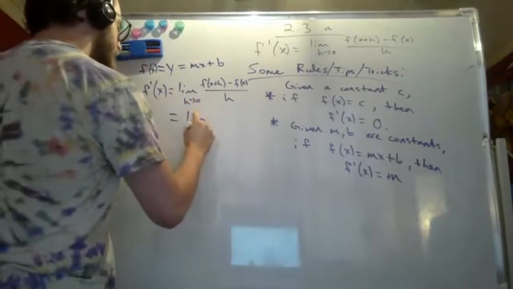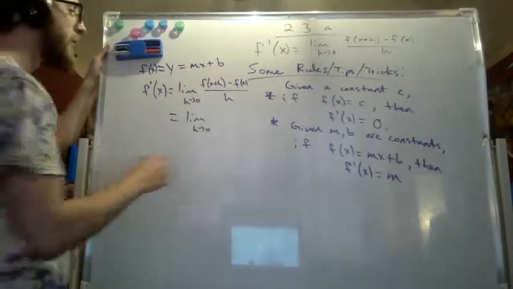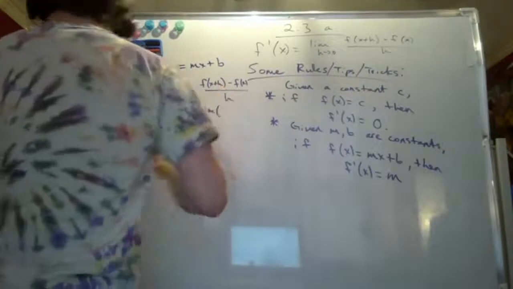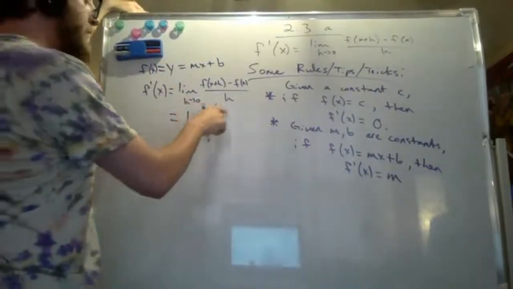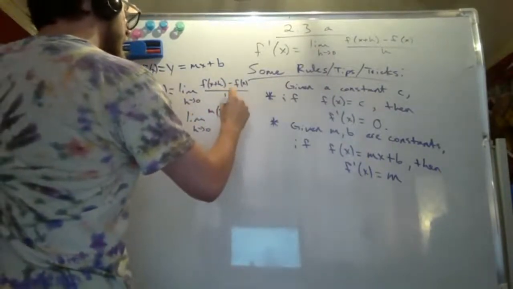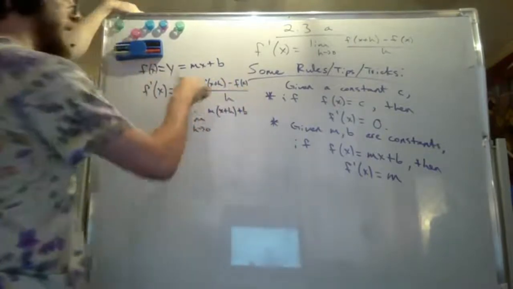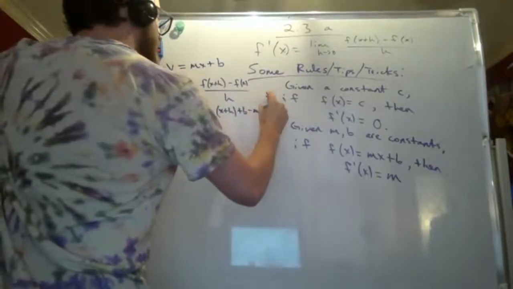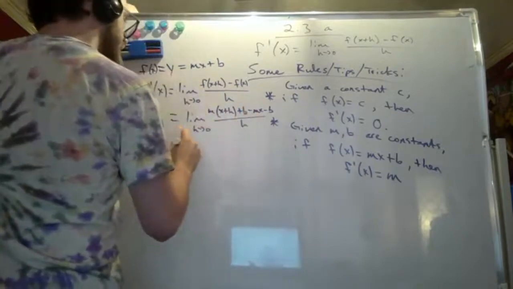And just like before, I'm just going to take what's on the inside and plug it into my function. So we're going to have m times, in parentheses, x plus h, plus b minus f of x. And remember to distribute that negative. So minus mx minus b, all divided by h.